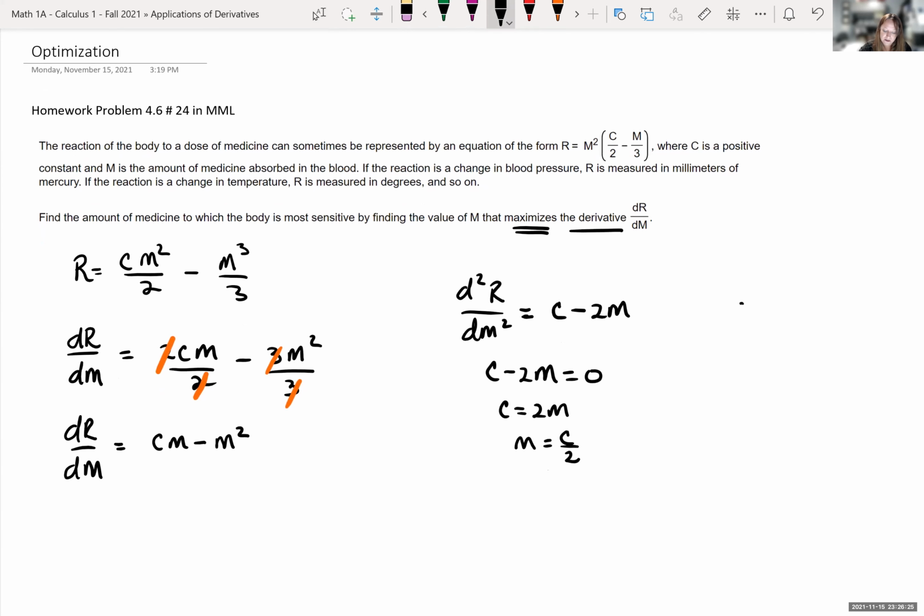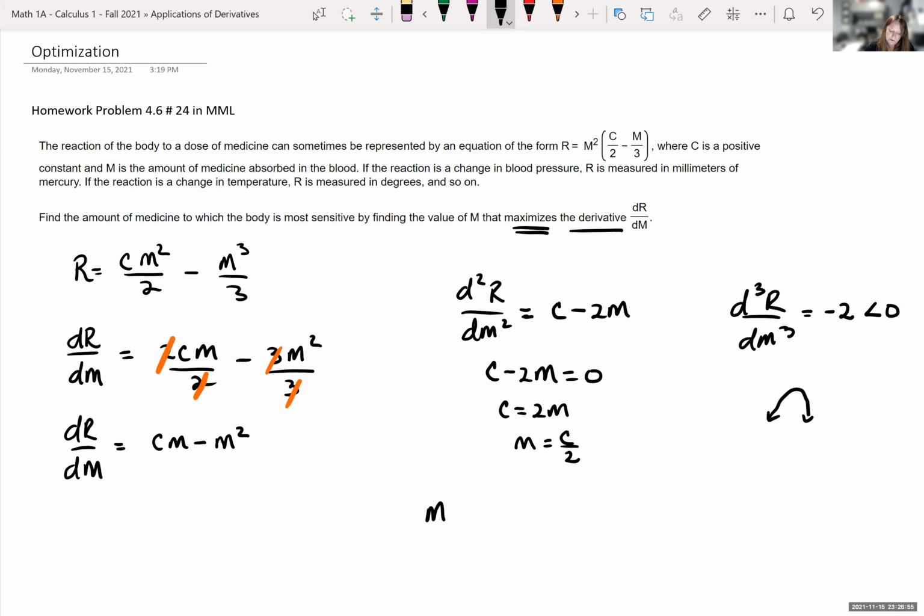If I took the third derivative of C minus 2m with respect to m, this would just give me negative 2. Notice this is always less than 0. That told me this was concave down everywhere for the derivative function. And that C over 2 then is going to be a maximum of my derivative.